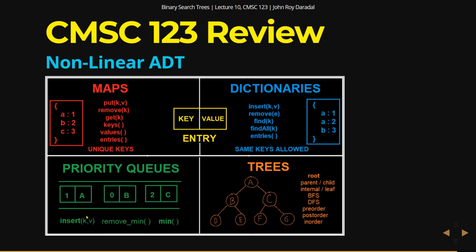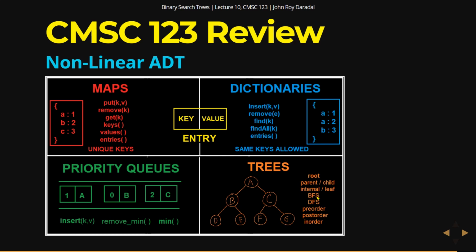Okay, and then we also discussed the tree ADT, wherein it's a collection of nodes that have the parent-child relationship. So you have the root node, which is the topmost level. Okay, you have the parent node, child nodes, you have internal nodes and leaf nodes. The difference being leaf nodes have no children, whereas internal nodes have children.